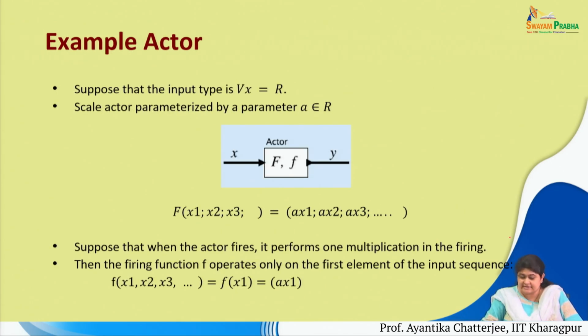So, here is one example actor. This relation gives the input output mapping of this example actor, where we can see that if we take a message sequence x1, x2, x3 and so on, the output we are expecting is A x1, A x2, A x3 and so on. So, to define this kind of actor function, we need the input and output, and of course also Vx, the type of inputs handled by the input port, which we have discussed in our previous lecture.